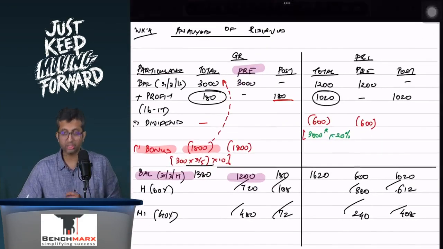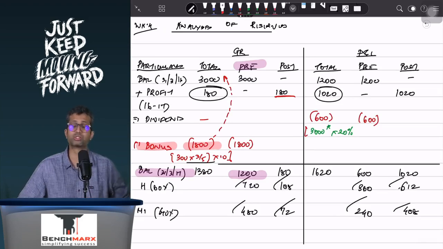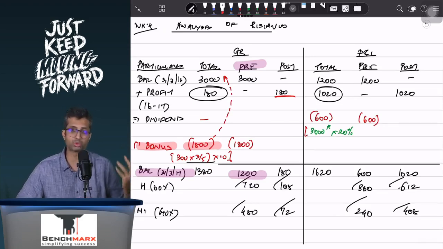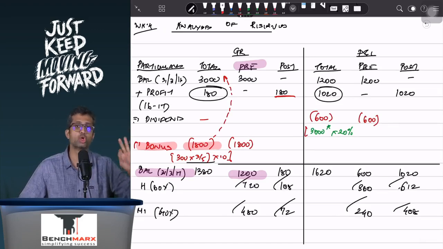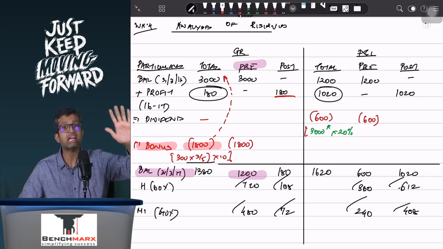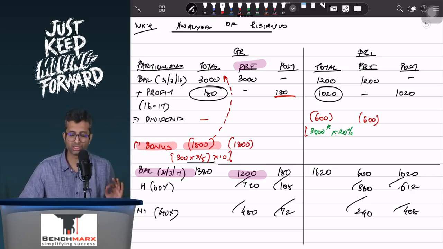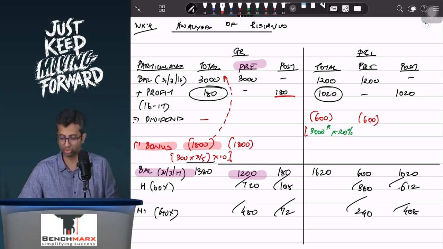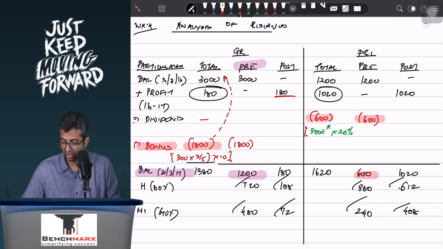So remember, this dividend will not be on bonus shares because this was paid on 1st April 16 when the bonus shares were not even in existence. And hence, on the then prevailing share capital of 300, today it may be 480, but the then prevailing share capital was 300 into 10, that is 3000 into 20%, that is going to be 600. This is clearly out of pre-acquisition profit. So when I do this working, 600 entirely is out of the pre-column, the remaining 600 remains, and the balancing figure of 1020 is entirely post.